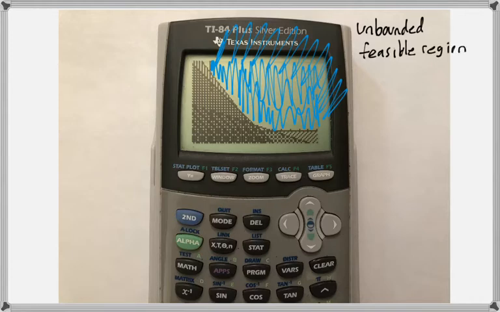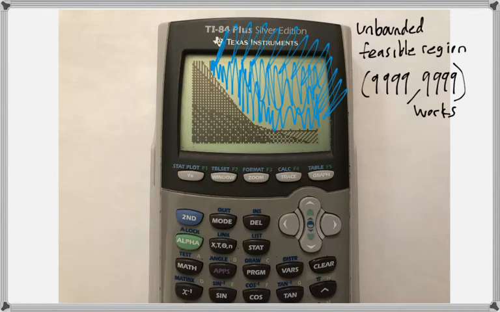So actually the point, like if you plug in 9,999, 9,999, that actually works in all of our original inequalities. So that satisfies all of our constraints.